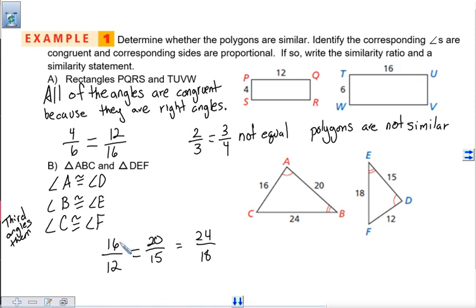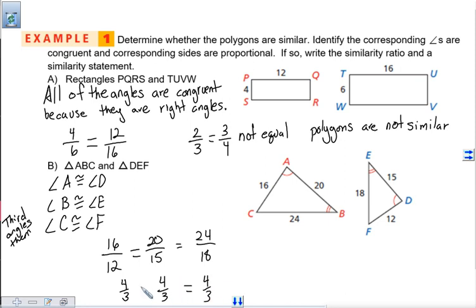Okay, and what does 16 over 12 reduce to? 4/3. And what does 20 over 15 reduce to? Also 4/3. And what does 24 over 18 reduce to? Also 4/3.